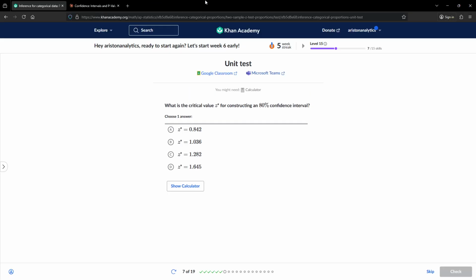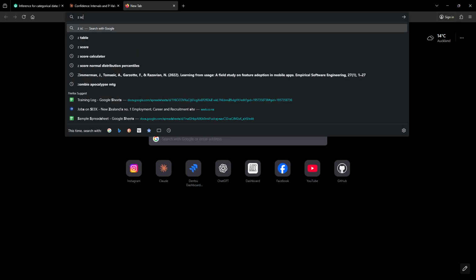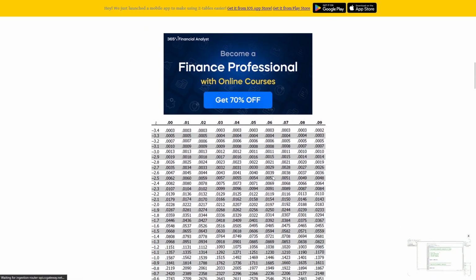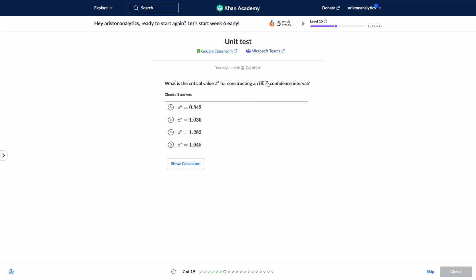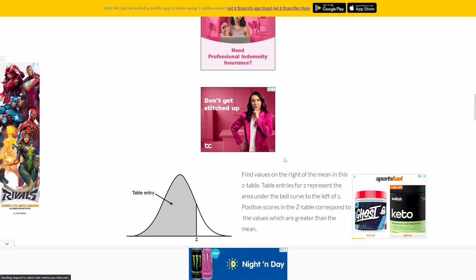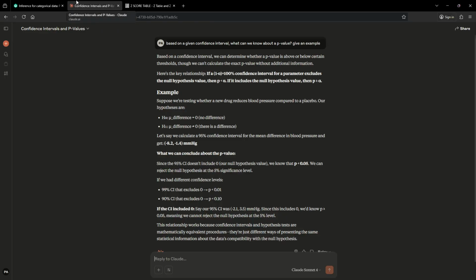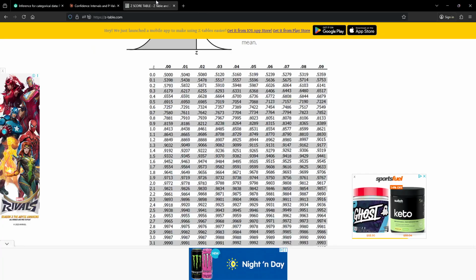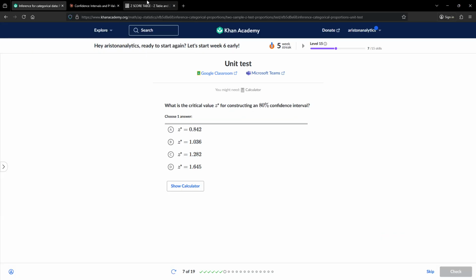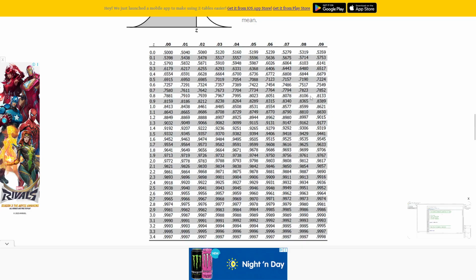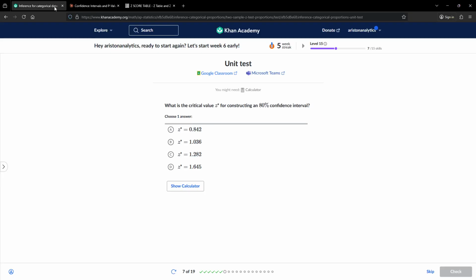What is the critical z value for constructing an 80% confidence interval? Okay, z score table. So 10% on both sides, 90%. 1.18. 1.282.